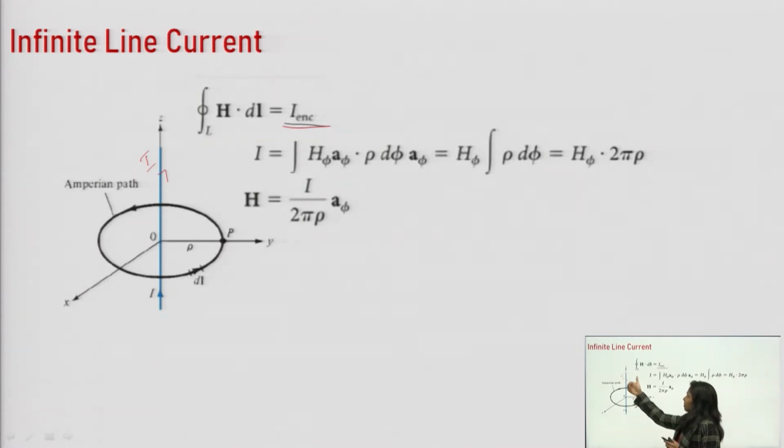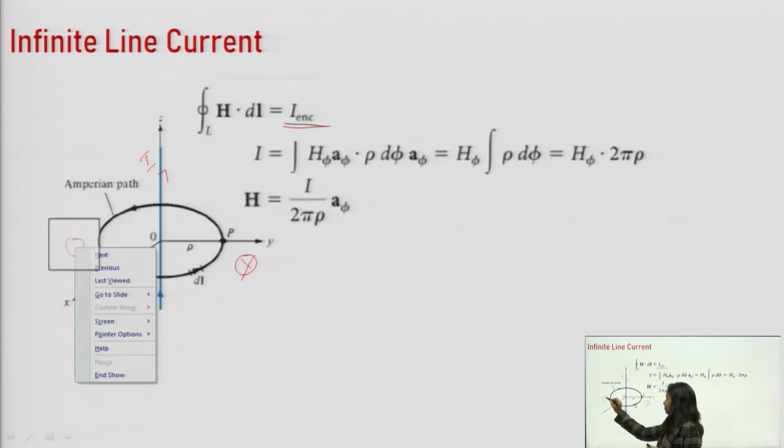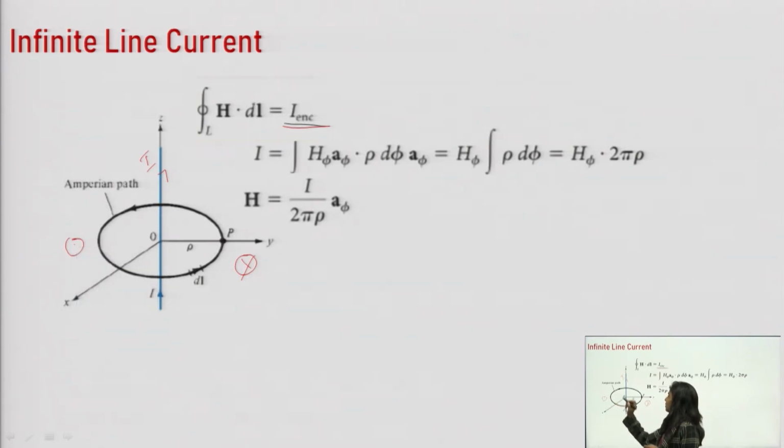So if we place our thumb in this direction, then our fingers move counterclockwise, meaning here it will go downward, and here it will come out of the page, so we will denote it with a dot. Now this is the direction of H.